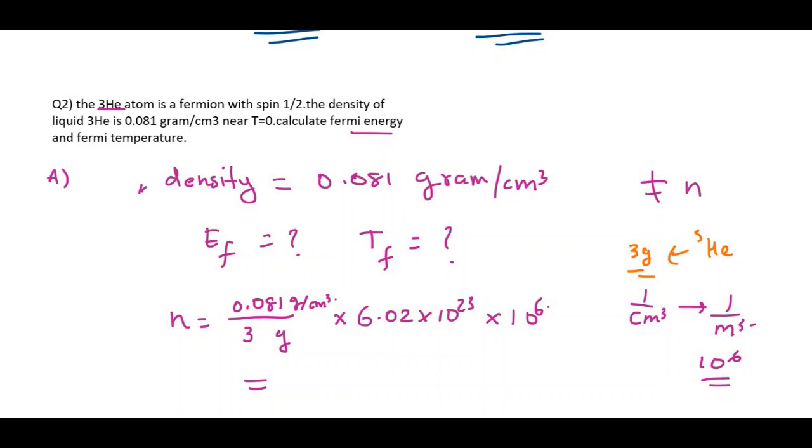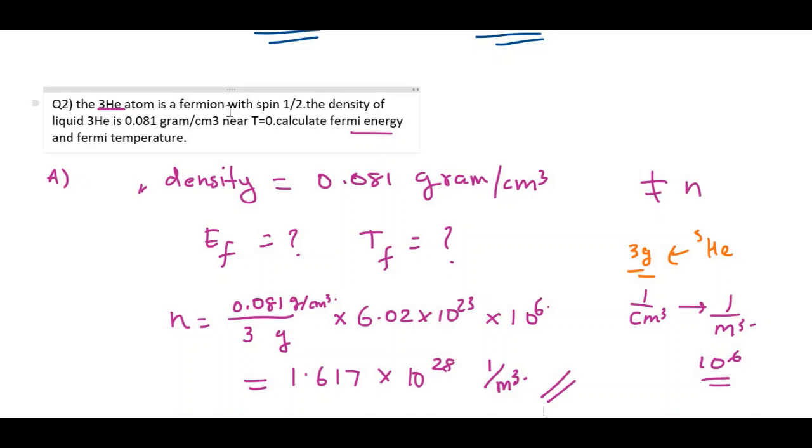Value becomes 1.617 into 10 power 28 per meter cube. So this is the value of n, 1.617 into 10 power 28 per meter cube.